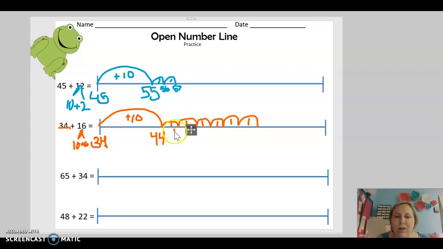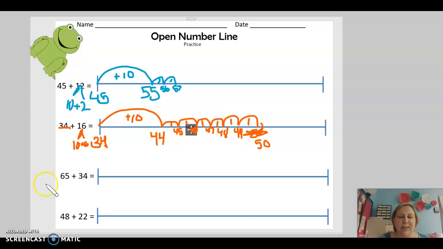So 44, 45, 46, 47, 48, 49, and then 50. Oh my goodness, that looks messy. I shouldn't have written it like that. Let me rewrite it. So 34 plus 16 equals 50.